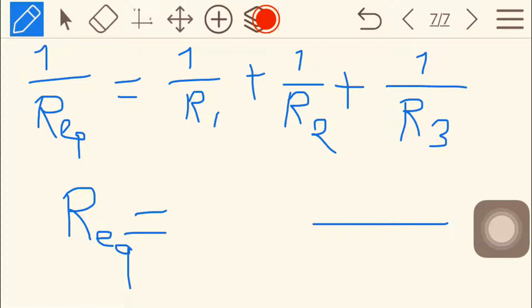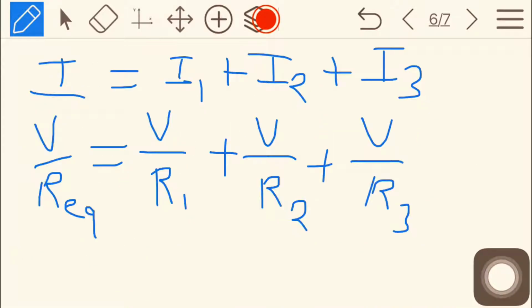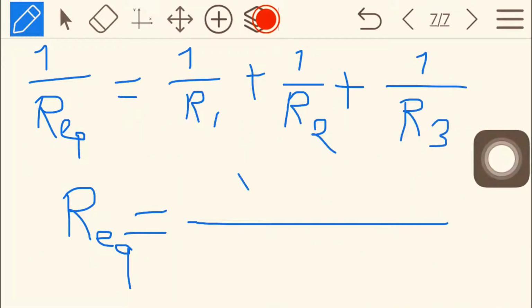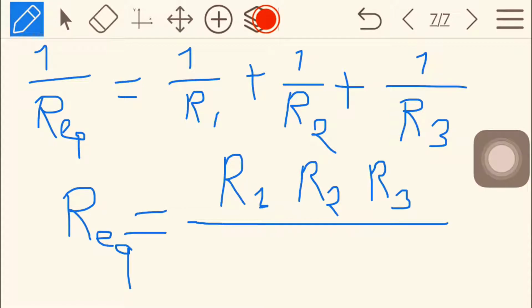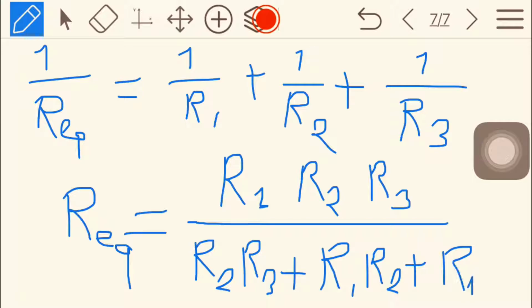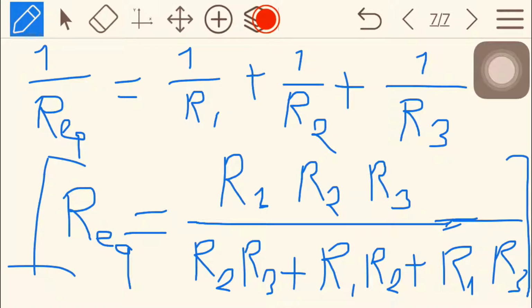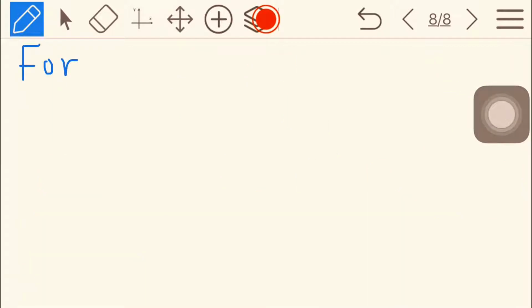And rearranging this expression, we get Req is equal to R1 times R2 times R3 divided by the sum of the three products: the last two, R2 R3, plus the first two, R1 R2, and R1 R3.